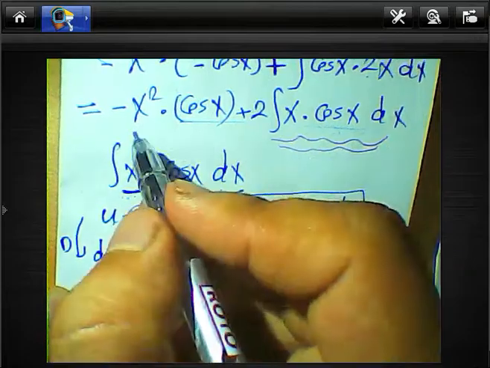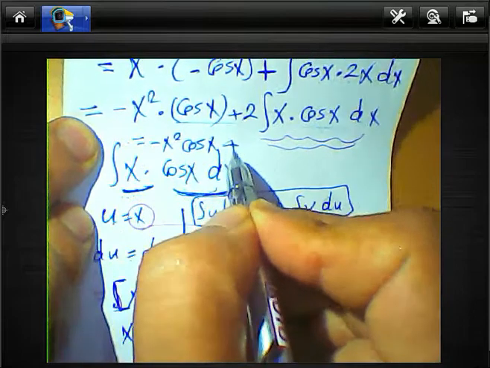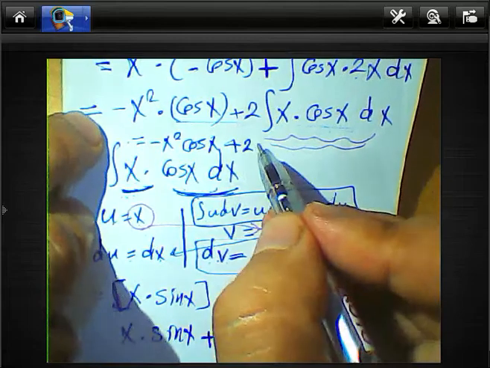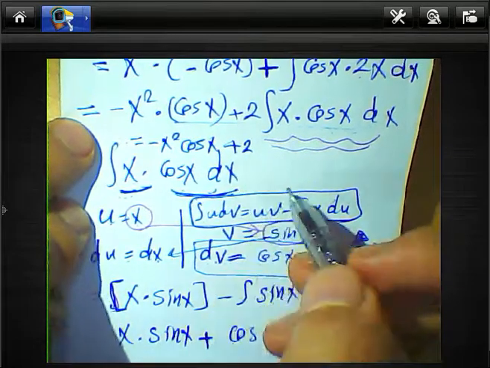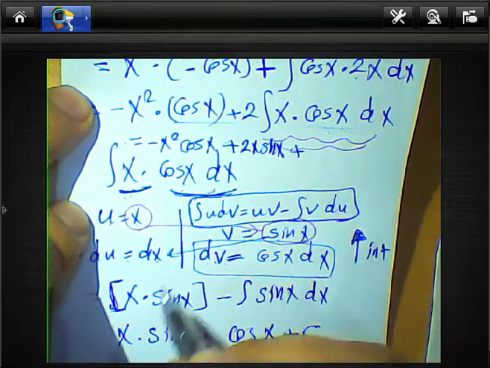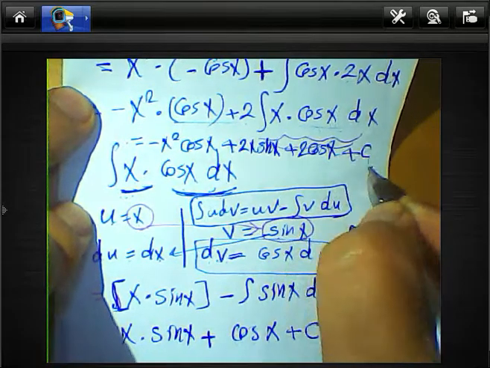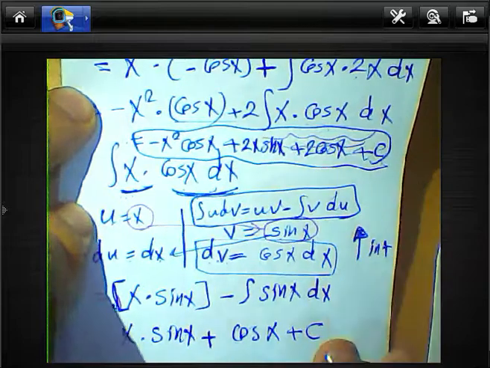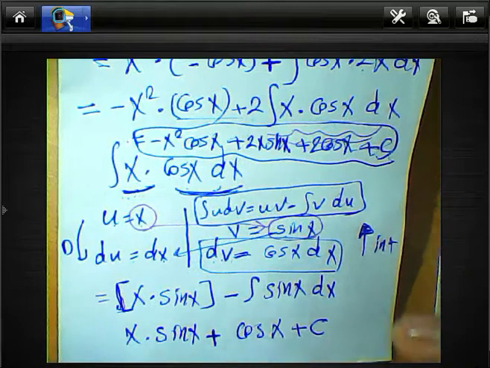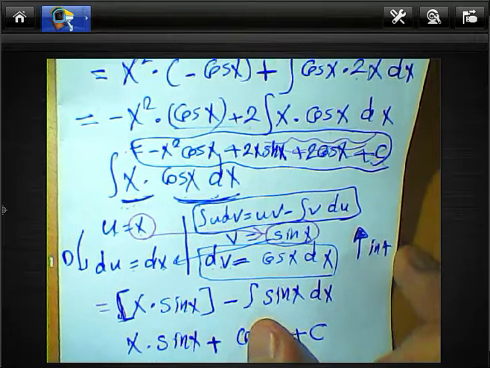The result will be negative x power 2 cosine x plus 2 multiplied by all this term: 2 x sine x plus 2 cosine x plus a constant. This is the last result. We must write all these steps in your notebook to understand. Okay, understood.